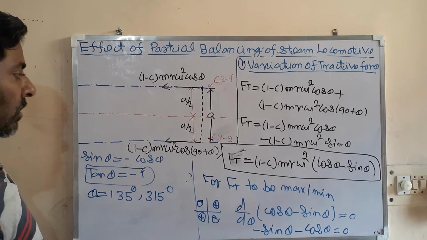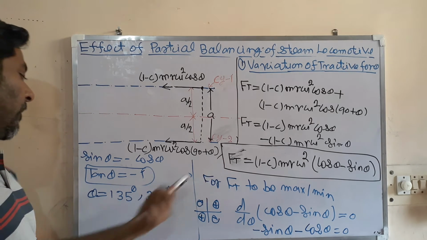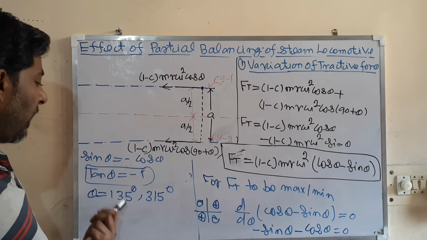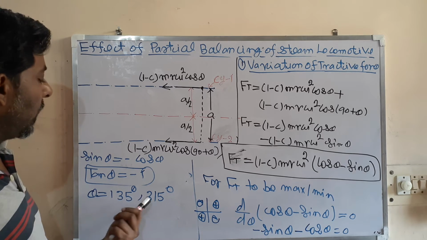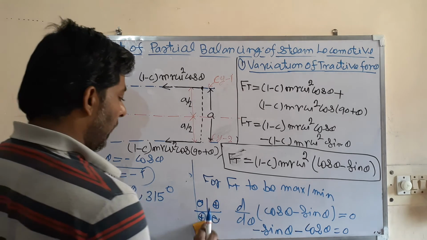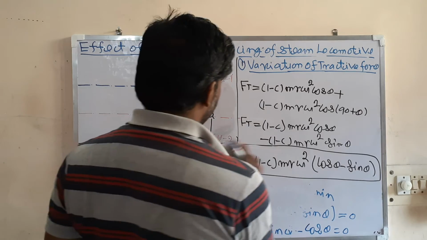So let us find out the value of the unbalanced force Ft at theta equal to 135 and 315 degrees.